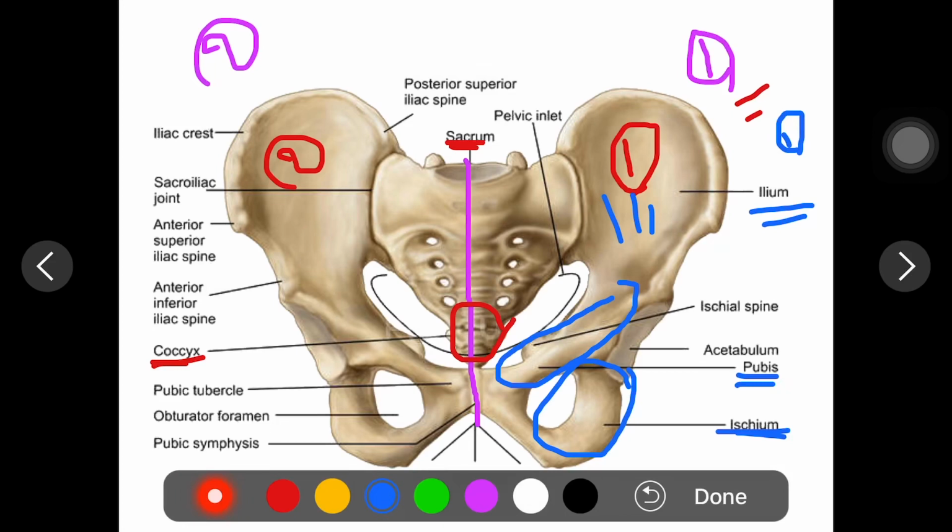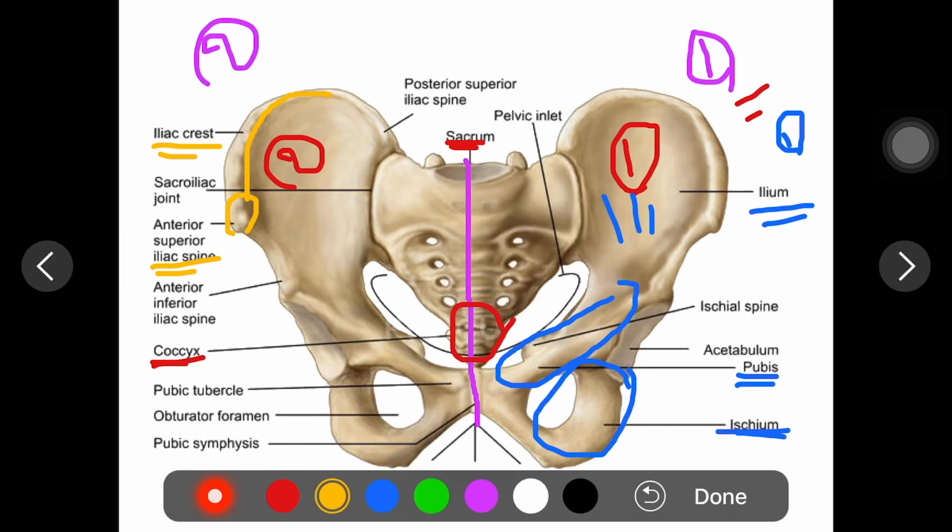Also you must note the iliac crest, this part, and the anterior superior iliac spine.